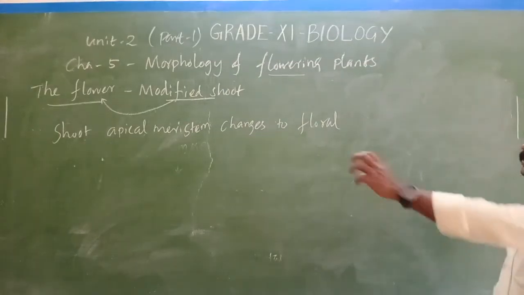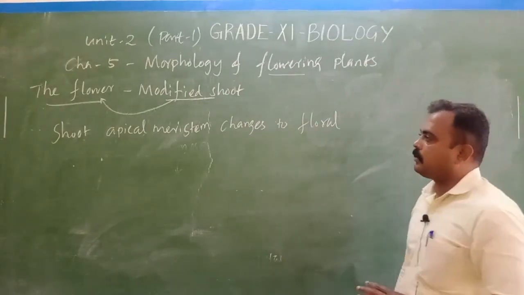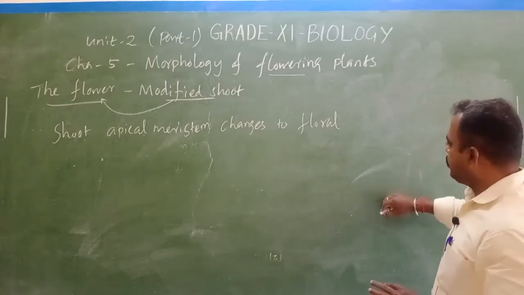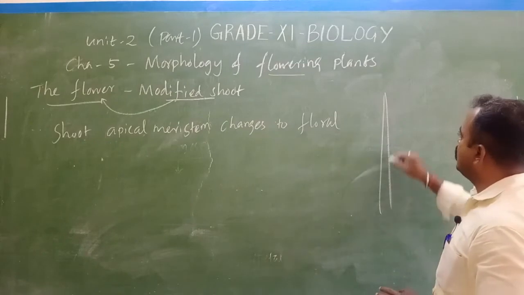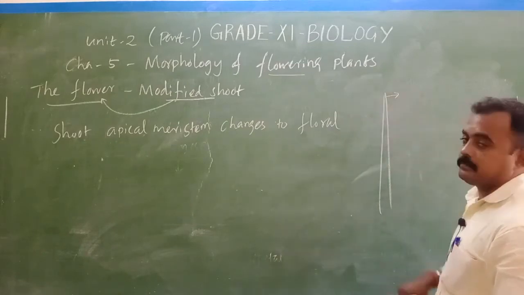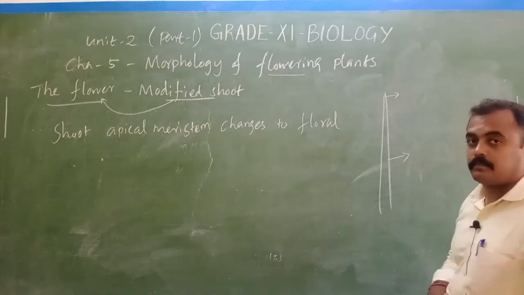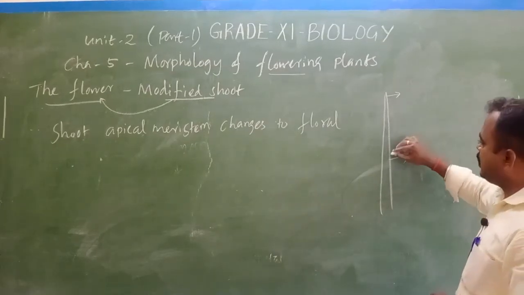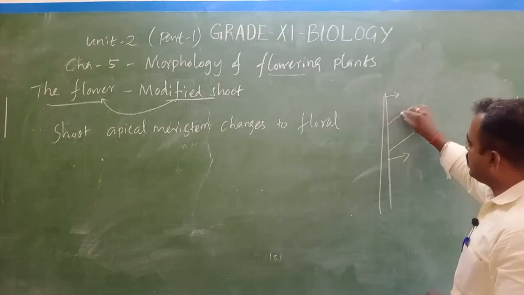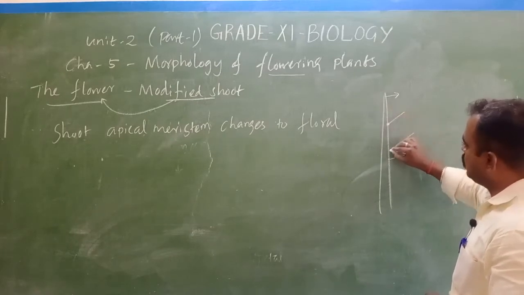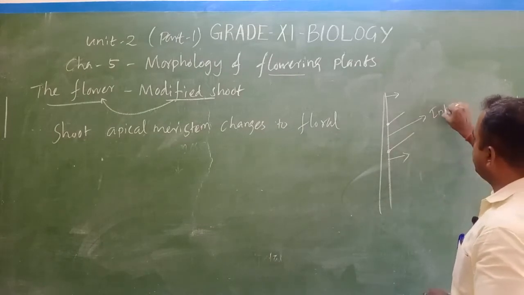Okay, the shoot apical meristem changes to floral. In a branch we have apical meristem, lateral meristem, intercalary meristem. That means in between the nodes, one branch and another branch. Here we have one node, here we have a node. In between that we call it internode.